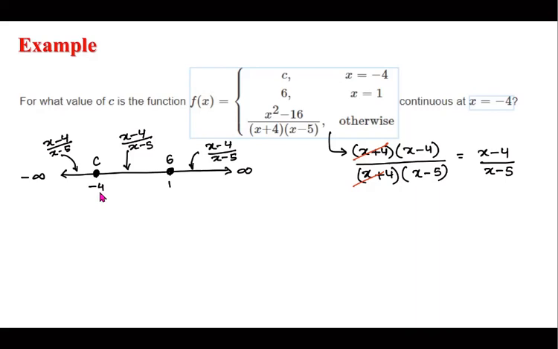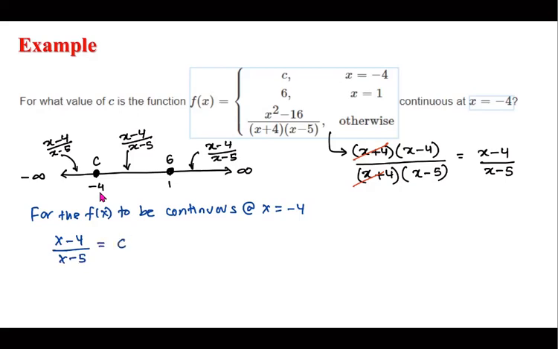So for the function f of x to be continuous at x equal to -4, x minus 4 over x minus 5 must be equal to c, and this is true at x equal to -4.